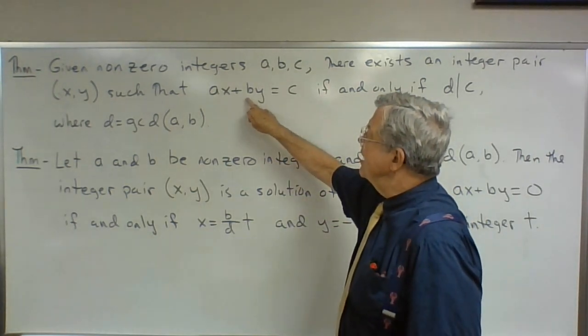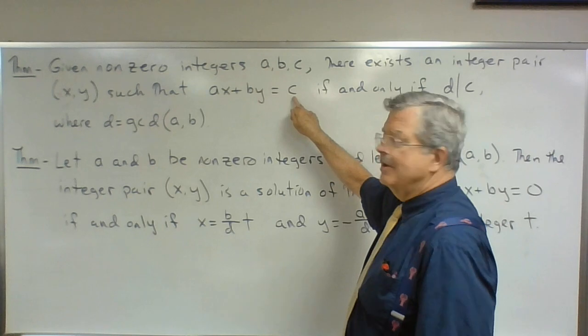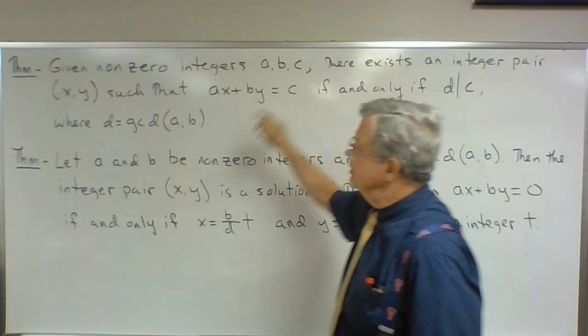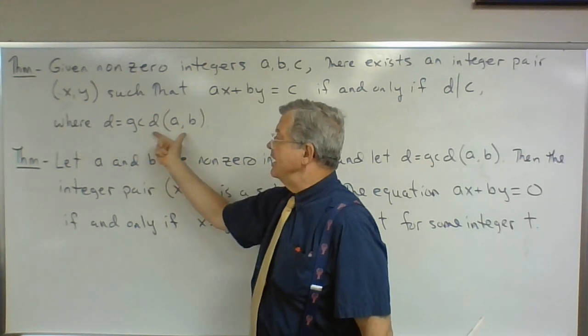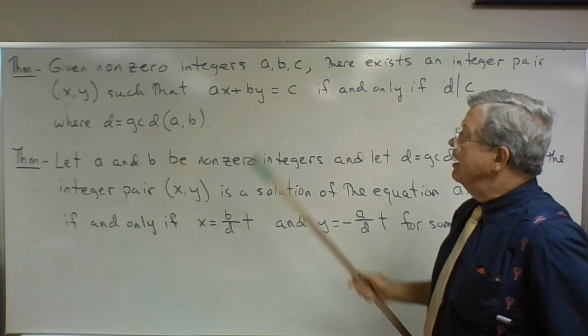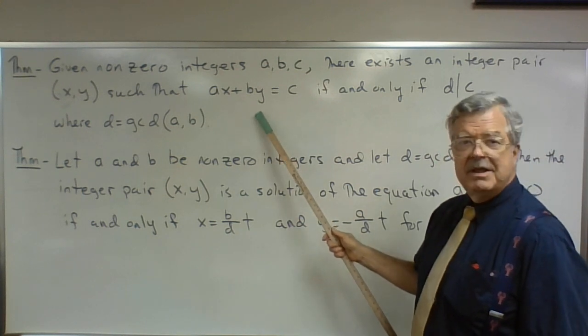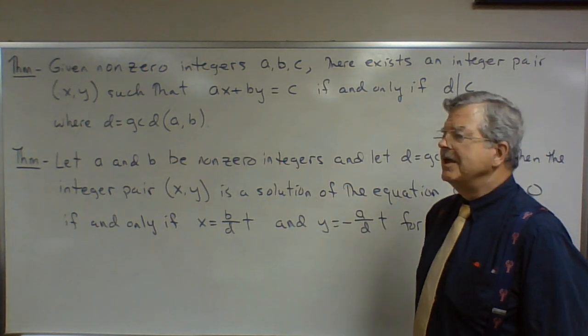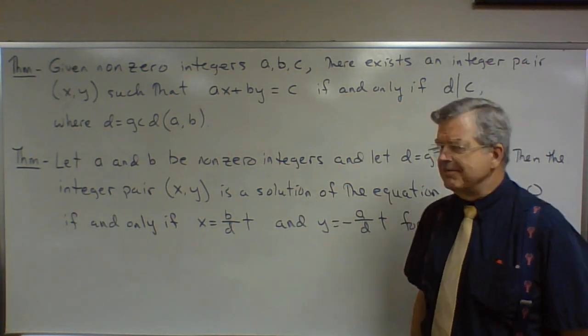So if this linear combination of a and b equals some integer c, then c has to be a multiple of d, the greatest common divisor of a and b. We're going to make quite a bit of use of this theorem, this fact, in the next week, week and a half.